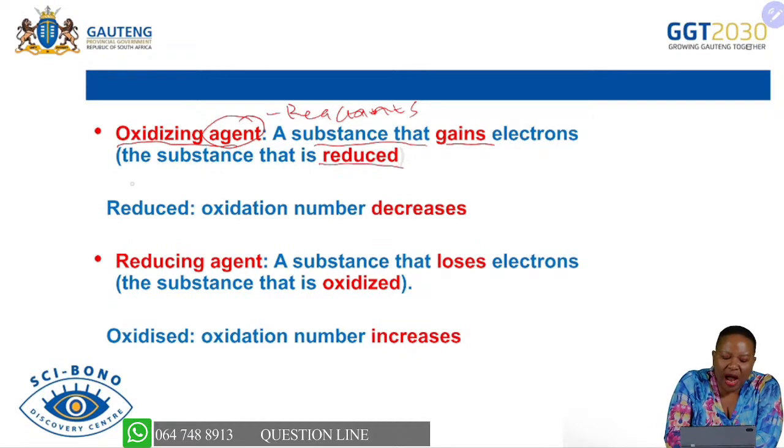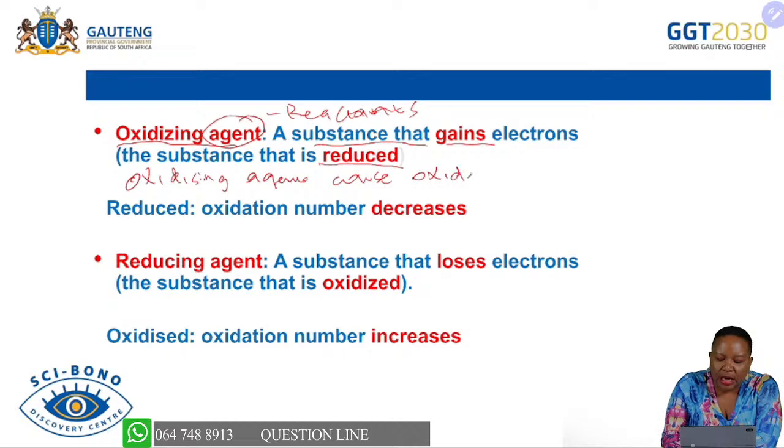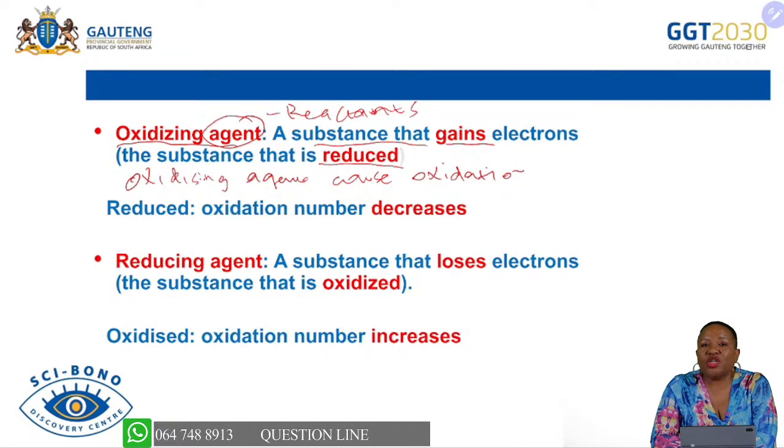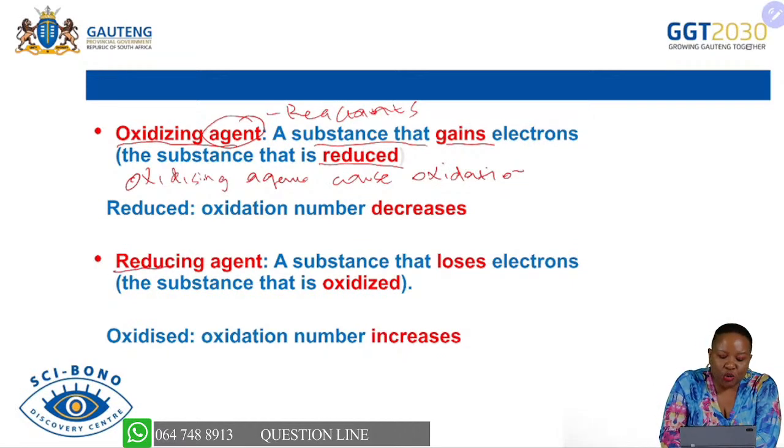When you are an oxidizing agent, you cause oxidation. Remember, you are not going to undergo oxidation, but you are causing oxidation. And when you are a reducing agent, you cause reduction. You are not the one who is going to undergo reduction.